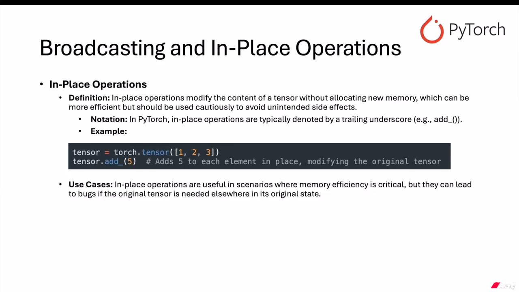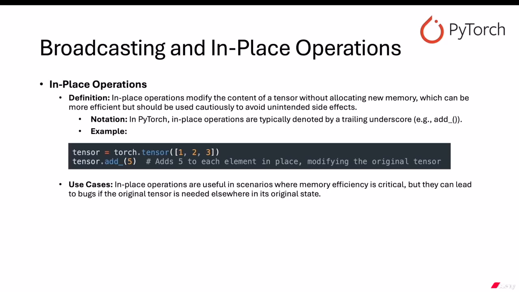In-place operations. In-place operations modify the content of a tensor without allocating new memory, which can be more efficient but should be used cautiously to avoid unintended side effects. Notation: in PyTorch, in-place operations are typically denoted by a trailing underscore. Example, the add_ function.